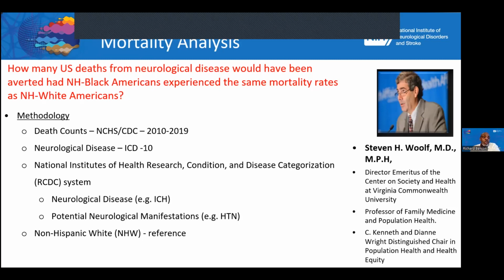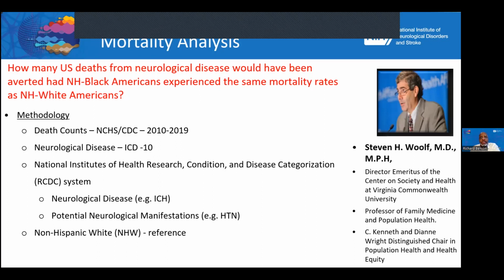We asked the question: how many US deaths from neurological disease would have been averted had non-Hispanic Black Americans experienced the same mortality rates as non-Hispanic white Americans? For this study we used death counts from the CDC from 2010 to 2019, and we used ICD-10 codes for neurological disorders, which we reviewed and categorized.